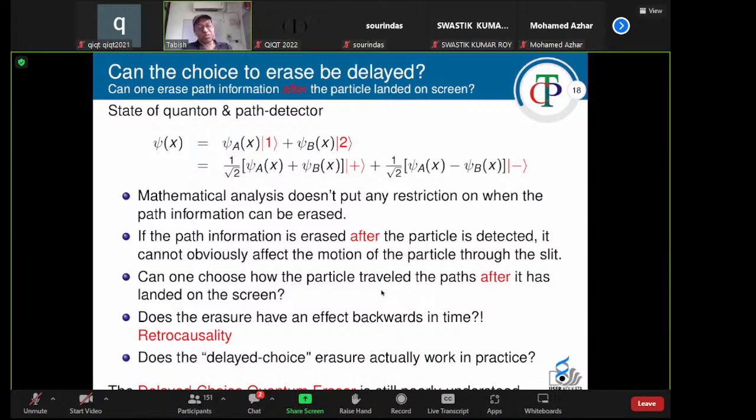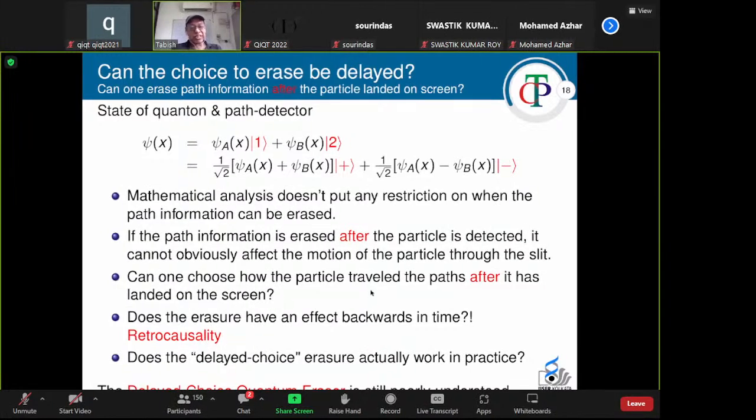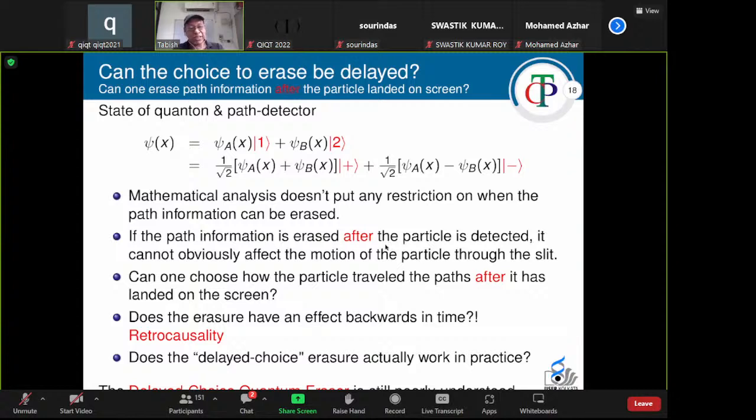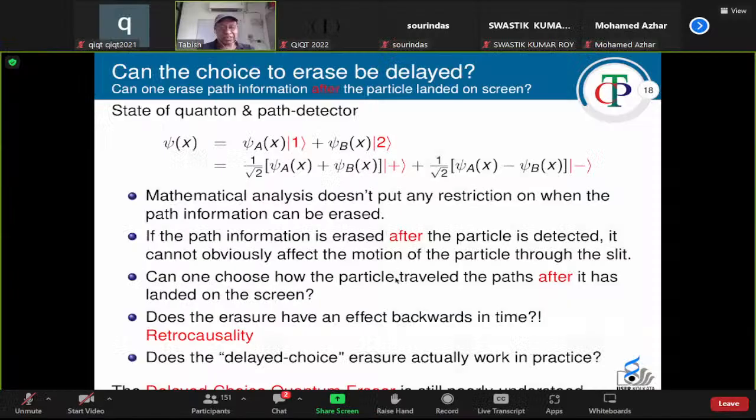How can that be true? I mean, the particle has already come and hit the screen. How can your choice, whether you are measuring P or Q, affect what the particle did in the past, whether it went through only one slit or the other slit?